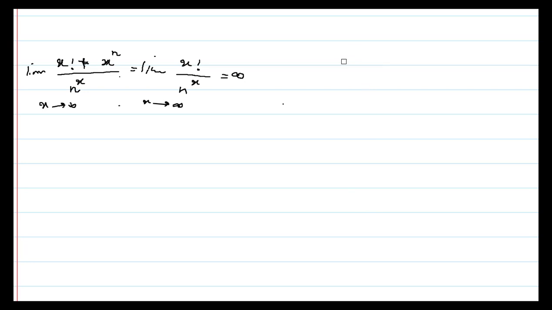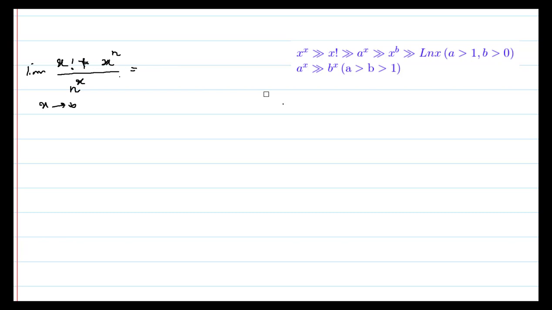Or another example: the limit of x factorial plus x^n over n^x when x approaches infinity. If you compare x factorial and x^n according to this notation, you see that x factorial is bigger than this one.